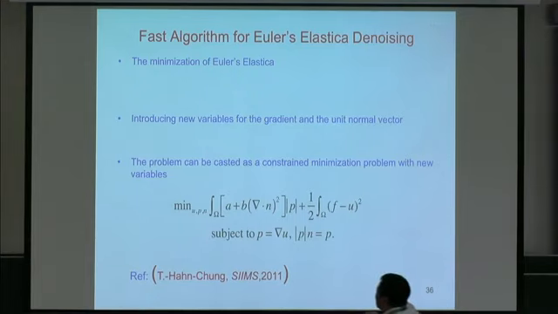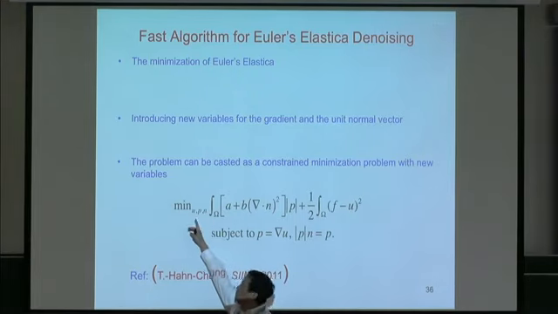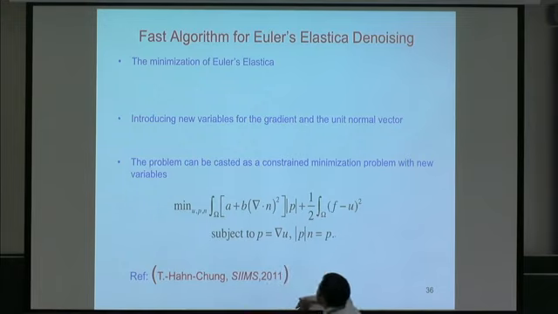Mostly we use alternating minimization. You fix 2 of them and minimize 1 of them. If you fix p and n, this is a linear constraint, and u appears as a square here, so you minimize a square with linear constraints. It's something very easy to solve. If you fix u and n, you solve for p. Here p equals this one; mostly you put it as a penalization, since it's not exactly satisfied.